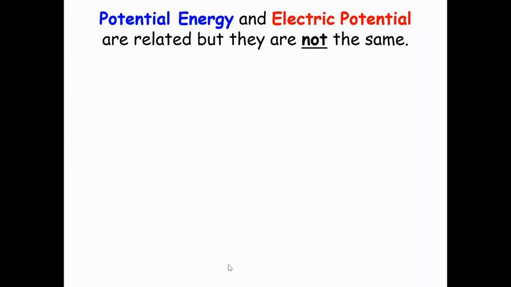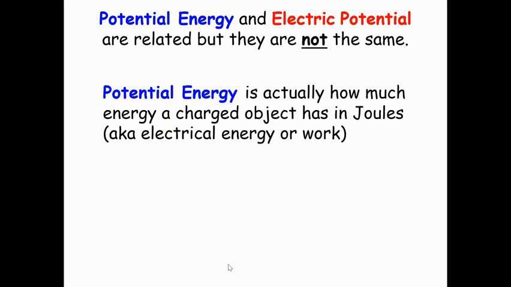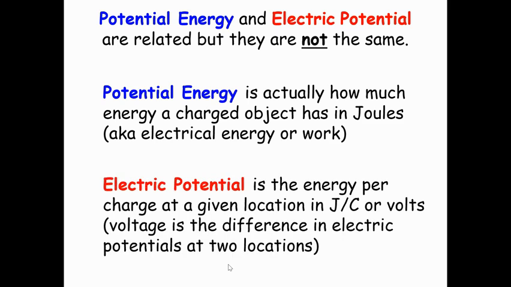So to summarize, potential energy and electric potential are similar, but they're not the same thing. Potential energy is how much energy the object has, and it's measured in joules. Another name for potential energy, or a way you could figure it out, is the electrical energy or the work done. All of those have the same units, joules, but electric potential is a little different.